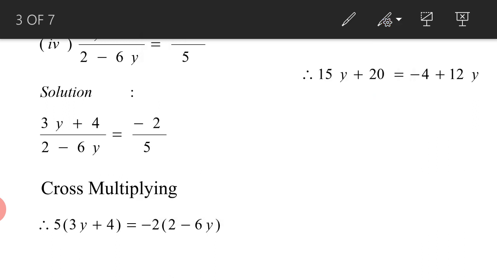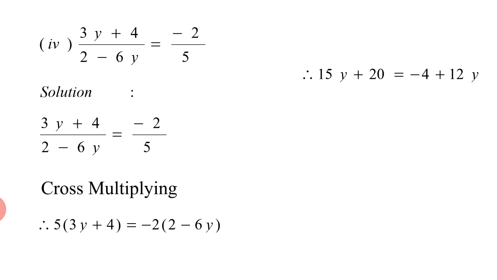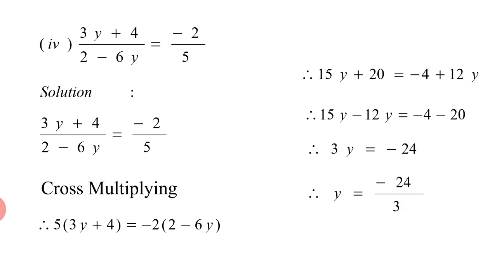Now transposing, 12y is transposed to LHS and 20 is transposed to RHS. So you get 15y minus 12y is equal to minus 4 minus 20. Now minus 4 minus 20 will be equal to minus 24, and in the LHS you will get 3y. So 3y is equal to minus 24. So y is equal to minus 24 by 3. So y is equal to minus 8.